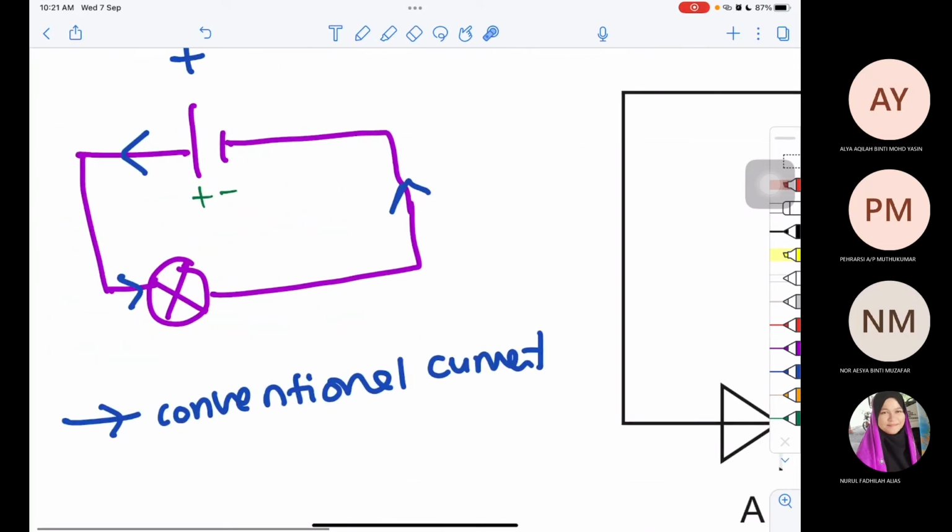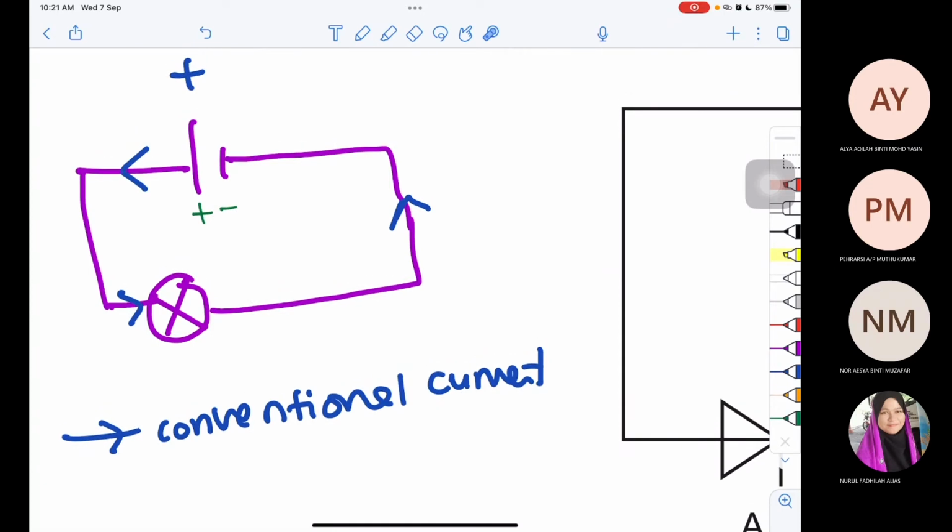Kalau saya ask you, I have this circuit and kita ada dry cell here. The taller one is the positive terminal. Shorter one is the negative terminal. Okay, so from positive to negative terminal, what's this direction?